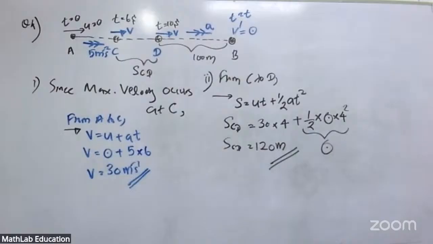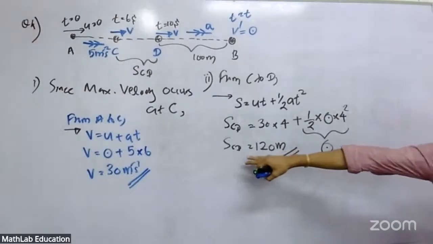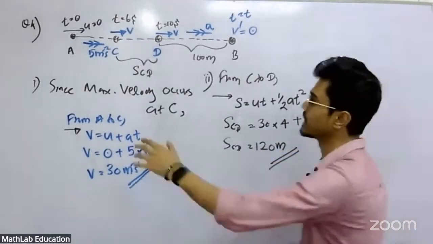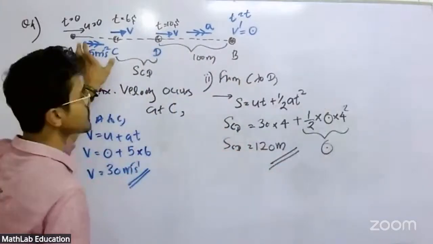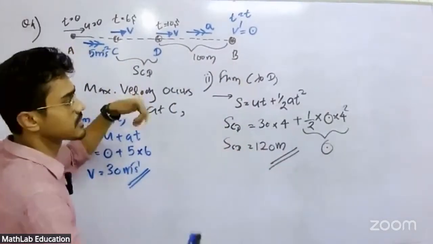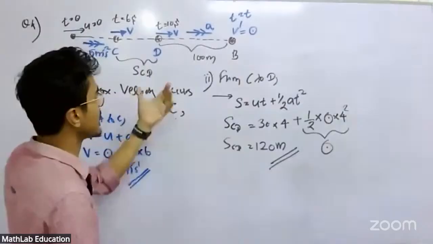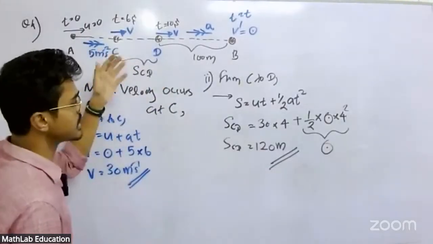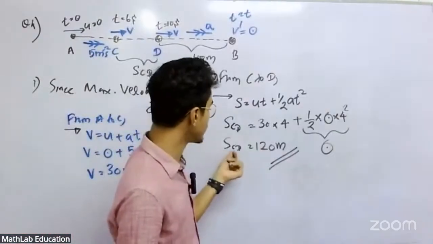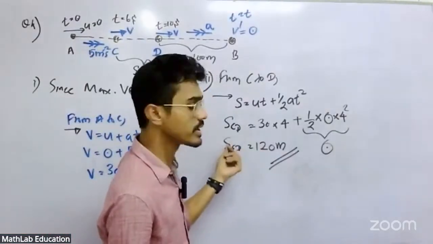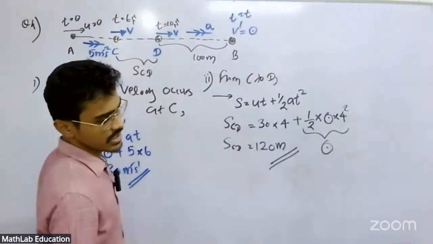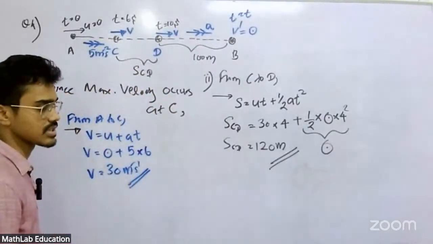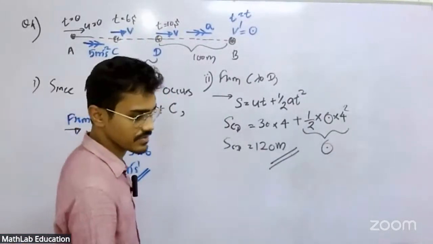Should you mention? No, that is for the identification now. SCD is for my identification. Because if I need another displacement to be determined, let's say from A to C, then I can't write it as S again because I have already used S. That's why I'm using SCD. Then just by looking at this, I know this is from which point to which point. Otherwise, if needed, you can use S1, S2, S3 or something else. That's fine.